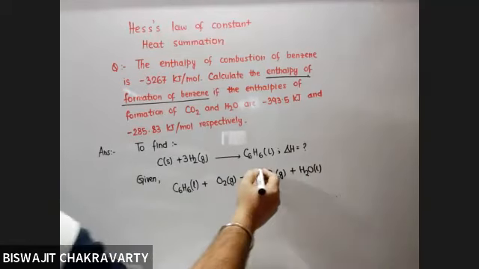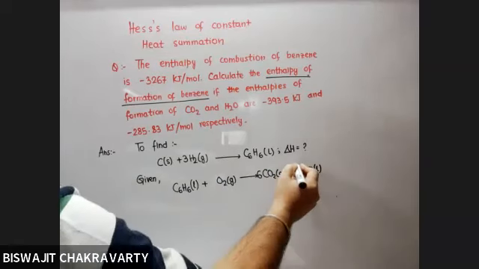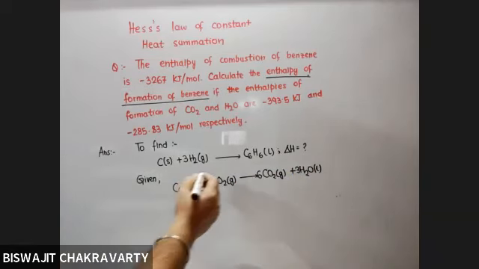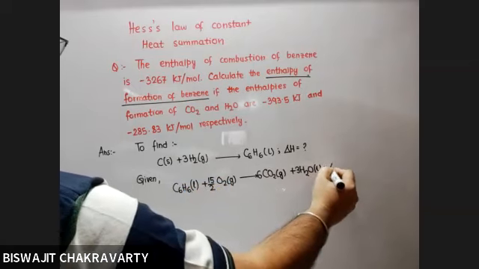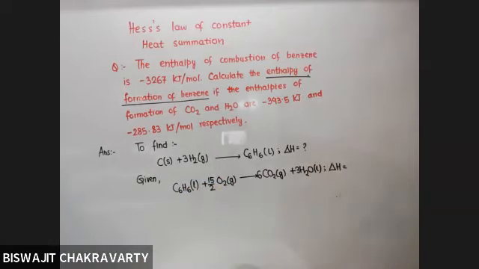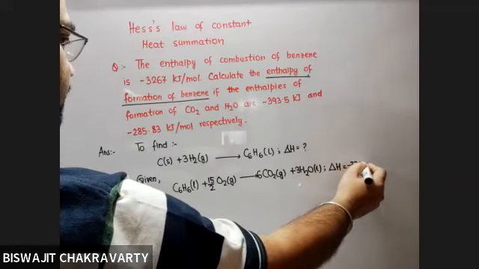So don't forget to balance any reaction: 6 carbon dioxide, 3 H2O, 2 sixes are 12 plus 3 is 15, so 15 by 2 O2. In front of it we write the value provided. Combustion of benzene is given to be minus 3267 kilojoules.